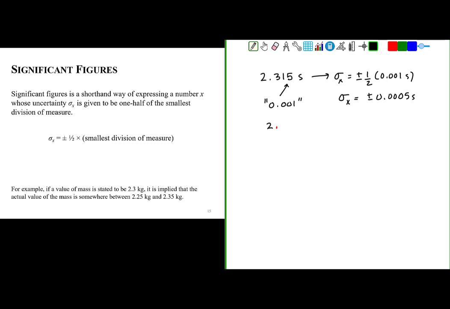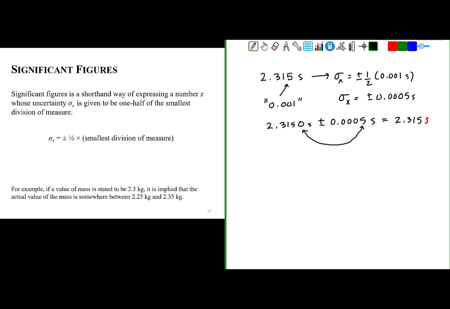So that's equivalent to 2.3150 seconds plus or minus 0.0005 seconds. Notice the decimal place of the uncertainty matches the decimal place of our best answer, our best estimate. And this is equivalent to simply writing 2.315 seconds.